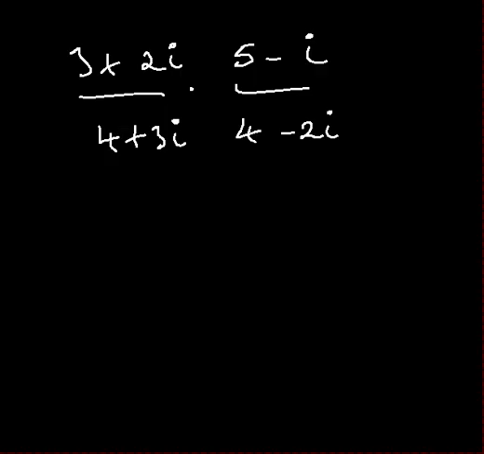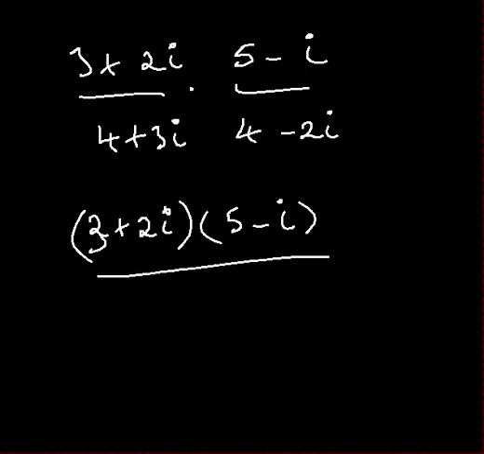Of course, we can also think of multiplying the numerators as well as the denominators, and thus we have 3 plus 2i times 5 minus i, divided by 4 plus 3i times 4 minus 2i.